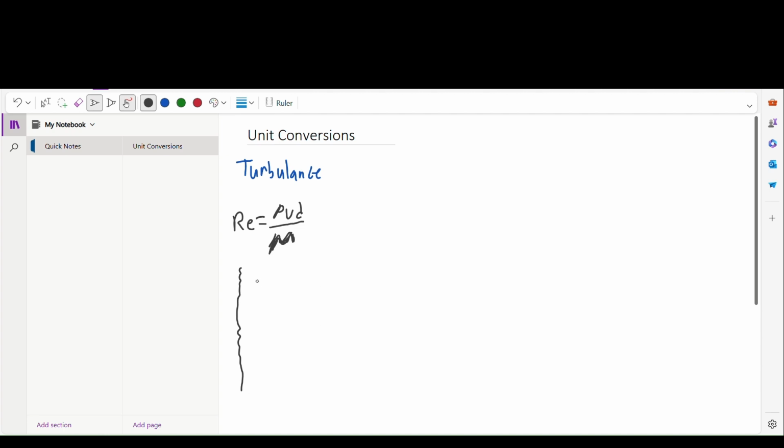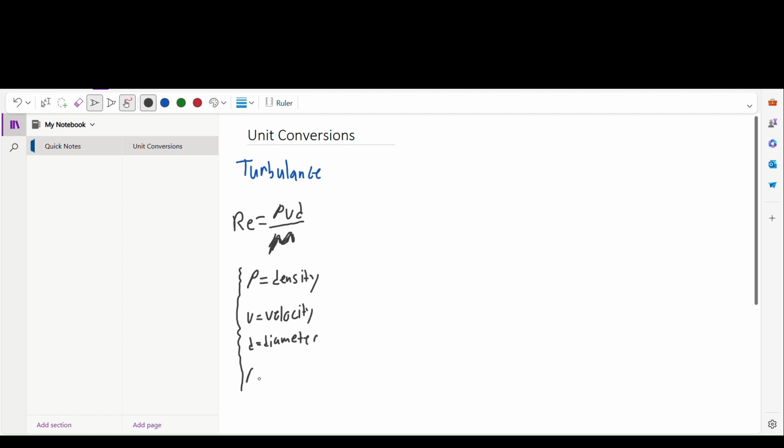And for this example, I will tell you that rho is density. This is for those who don't know this off the top of their head, I guess I'll start by defining it. Rho is density. Little v is velocity. D, diameter.